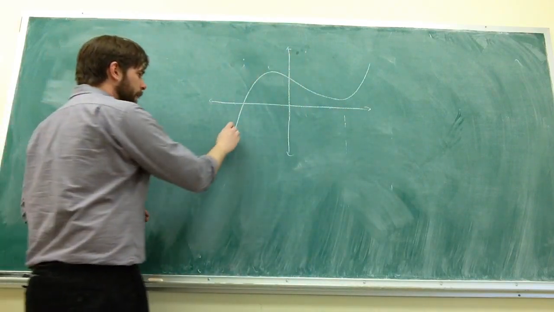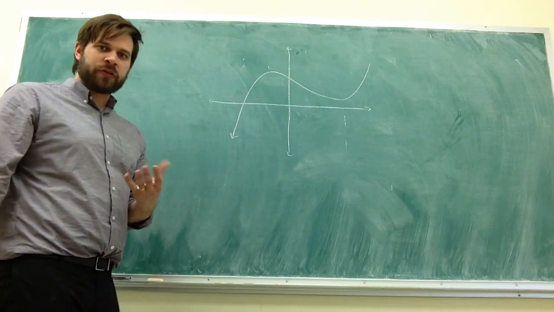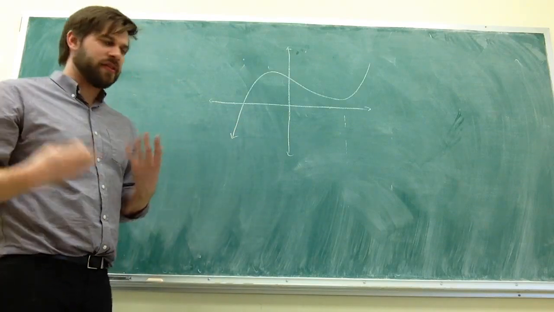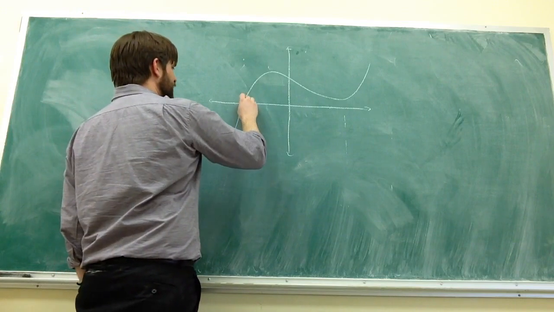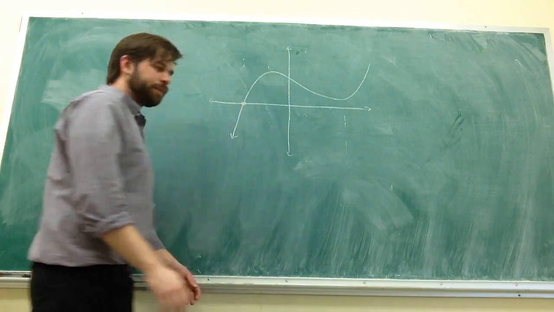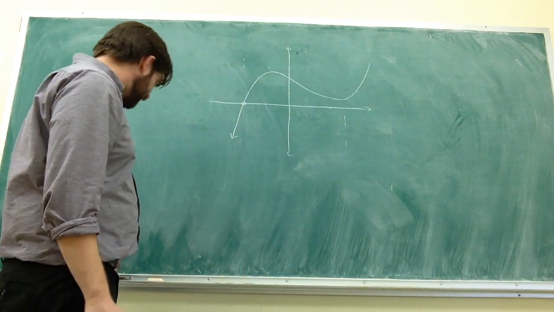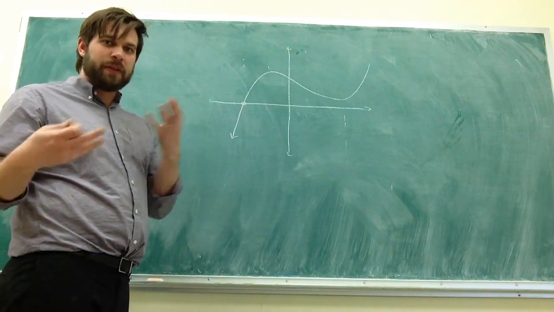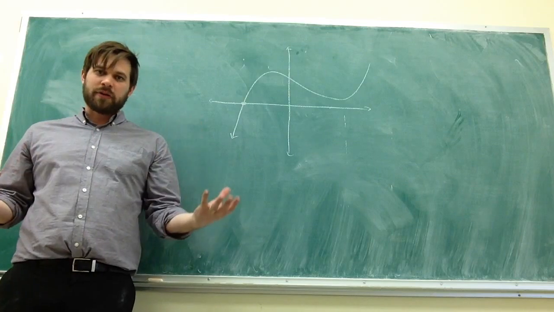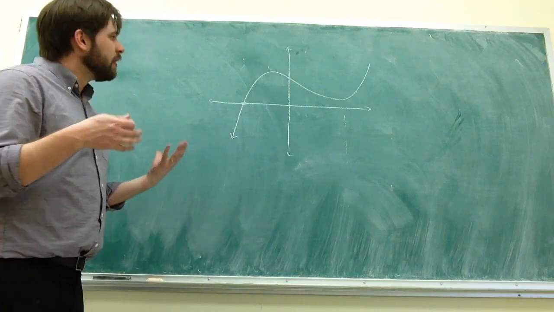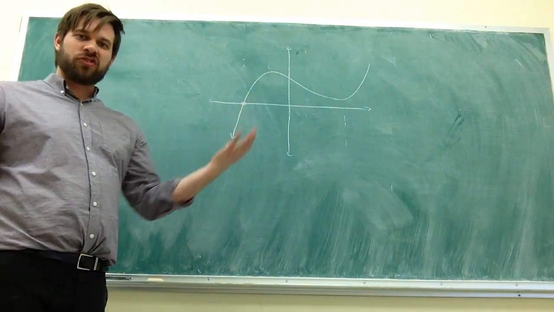Now, looking at this graph, I see that this has a 0, okay? But that's because I can graph it. What would happen if I wasn't able to graph it? How would I be able to tell whether or not there's a 0 somewhere?